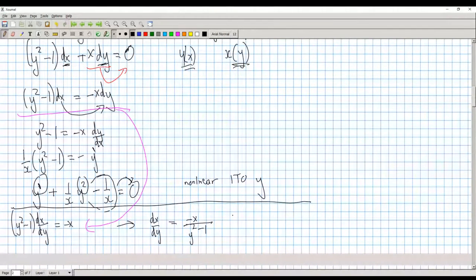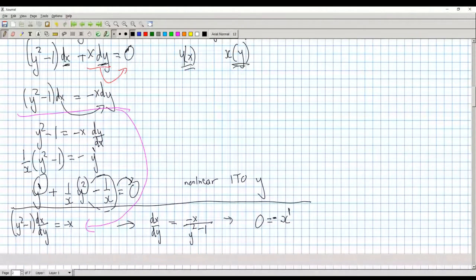We move the dx by dy across, and we will end up with 0 equals, we want our x prime, which is dx by dy.